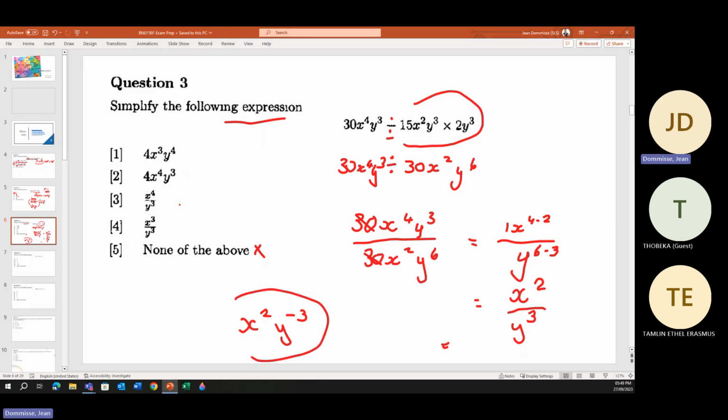Depending on how they structure your answers, it might be just with the positives at the top and the bottom, or you can rewrite it as all in one term as well. So it all depends on how your answer set looks at the end.